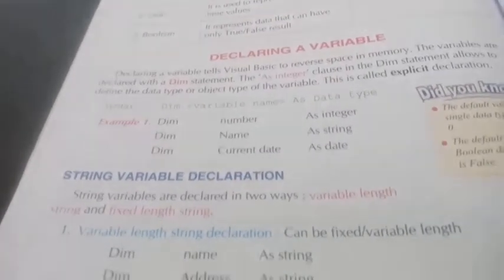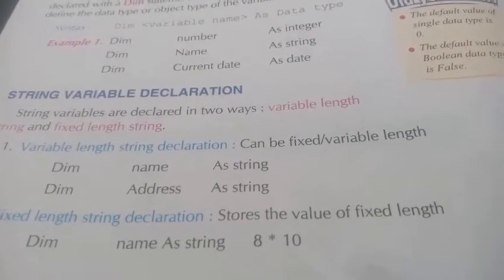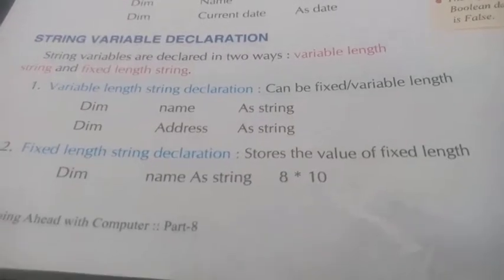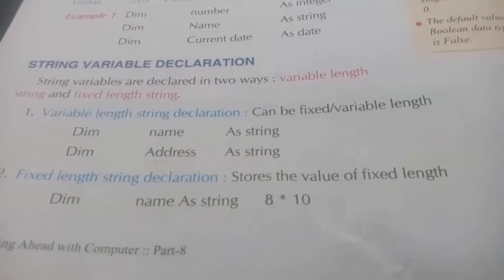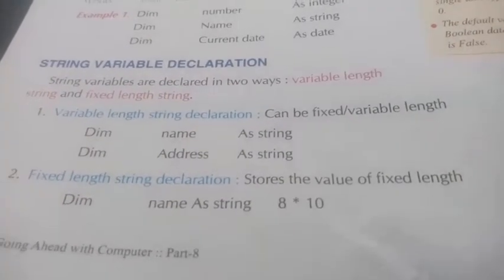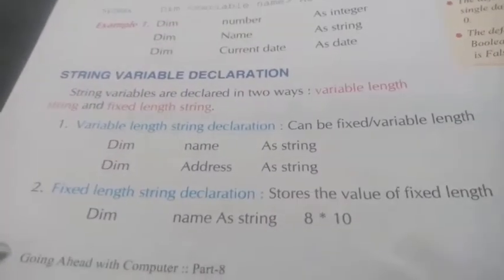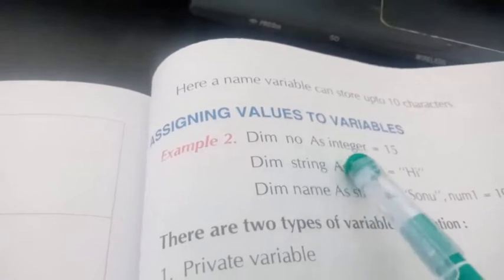So this is about declaring a variable. Now string variable declaration, you can see here Dim name As String. And fixed length string declaration, you can see Dim name As String and provide the asterisk 10. So this is the fixed length. And now this is assigning values to a variable. You can see here Dim n, n is the name of the variable, As Integer.